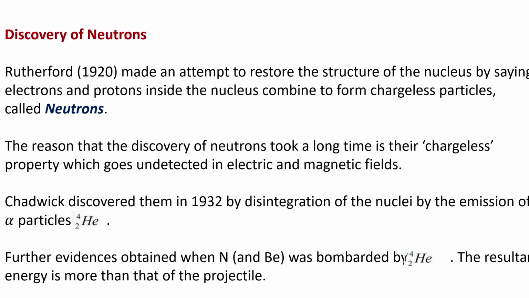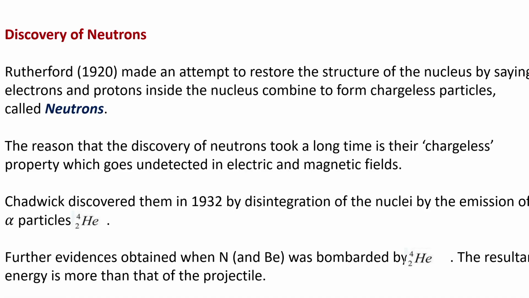So, you project something, you have a projectile and you project it towards a target, and there is an emergent particle with some energy, and you expect that some energy would be dissipated because of the collision with whatever constituent atoms and nuclei. But instead of that, the outgoing energy is found to be much larger than the projectile energy, which means that there is some contribution of the nuclear energy that comes into the picture, and this is important to understand where this extra energy is coming from.